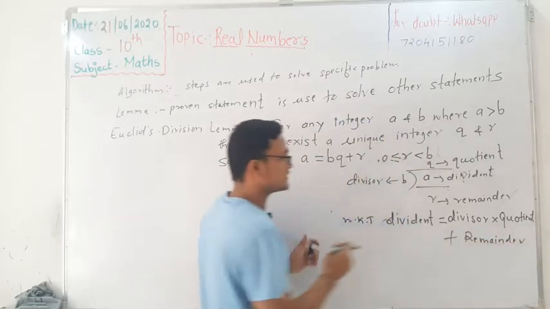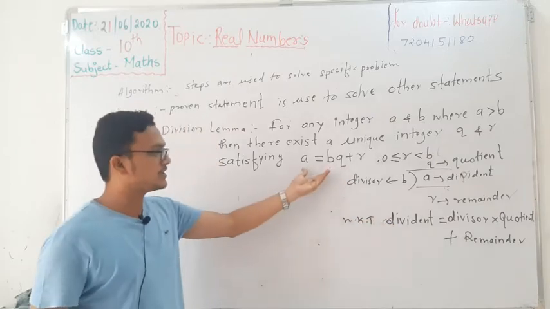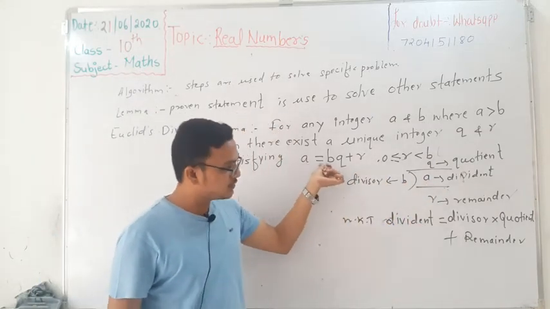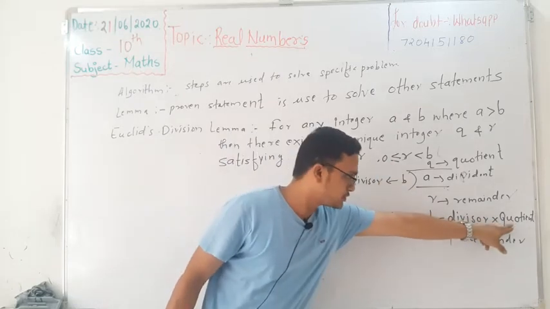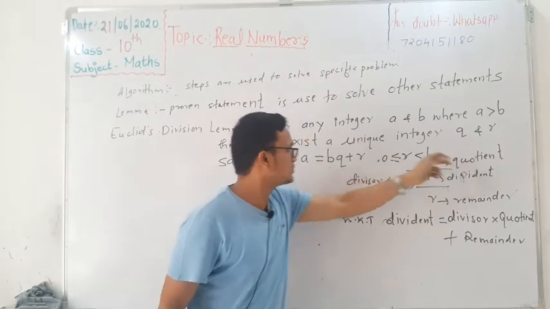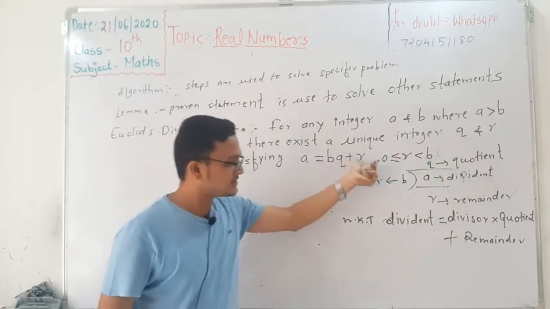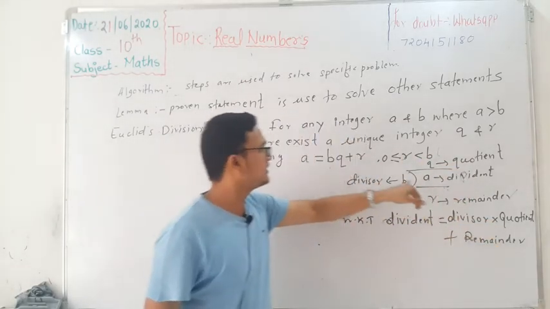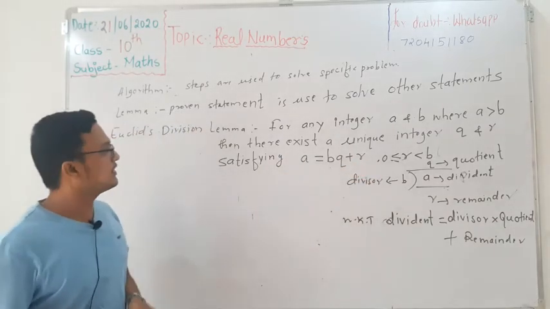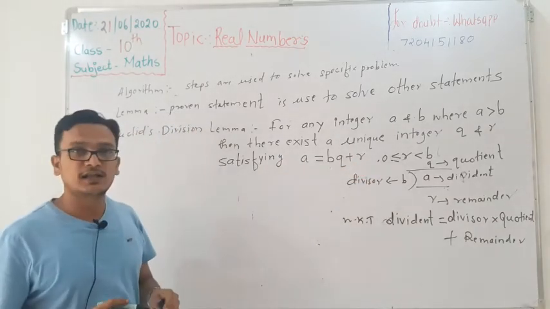The same statement is used here: dividend is a, divisor is b, quotient is q, remainder is r, so a equals bq plus r. This statement is called Euclid division lemma.